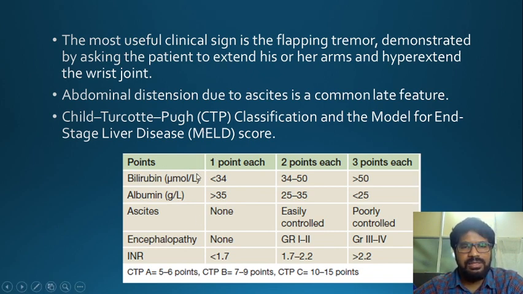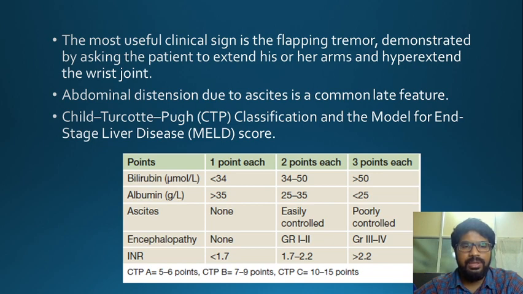The CTP classification is the most commonly used parameter to assess the severity of the liver disease and the prognosis, and it also guides the choice of therapy that can be employed in these patients.